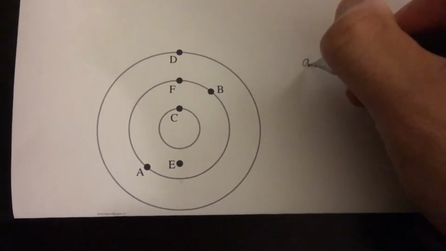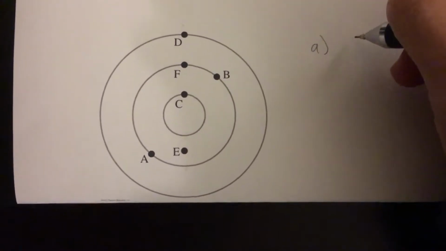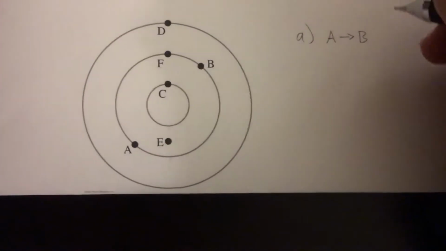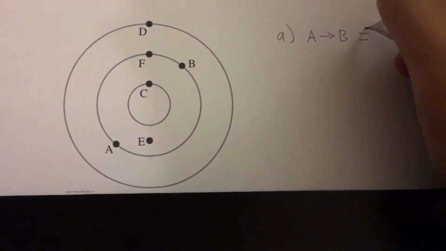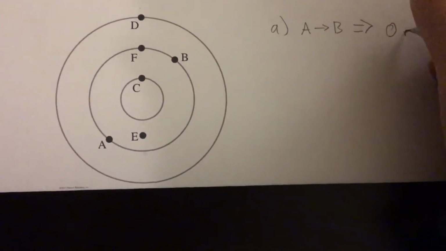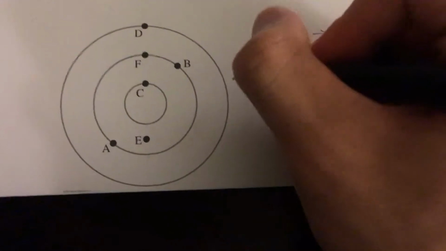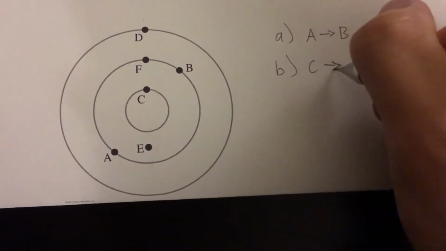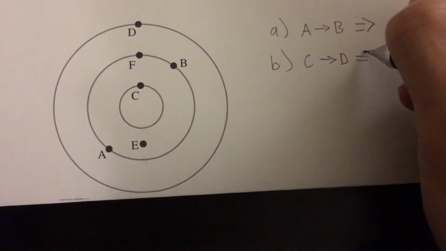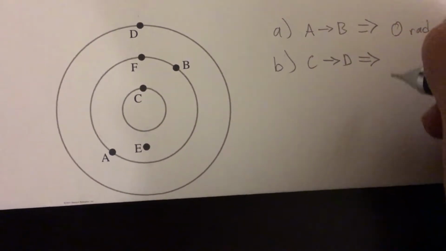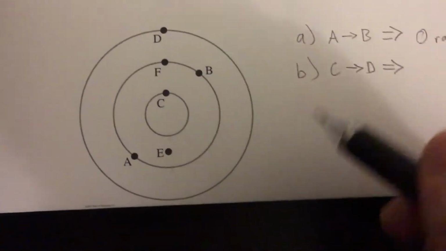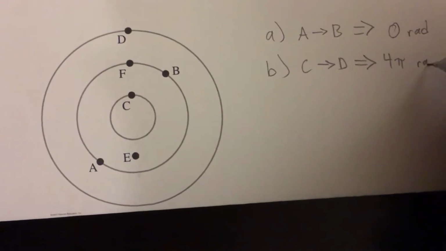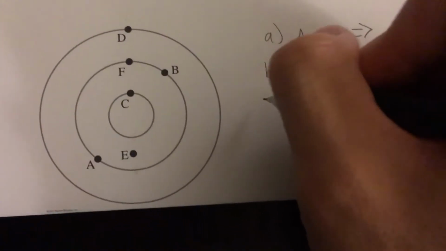So just to reiterate, for part A, for the phase difference between A and B, that's going to be 0 radians. There's no difference, it's on the same wave. For part B, we're looking for the phase between C and D. We said that that was 2 full wavelengths apart, so that's going to be 4 pi radians, just 2 pi times 2.